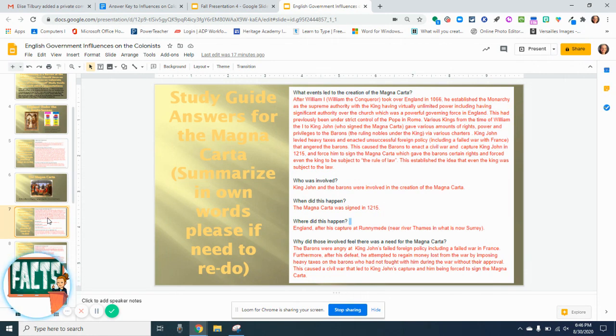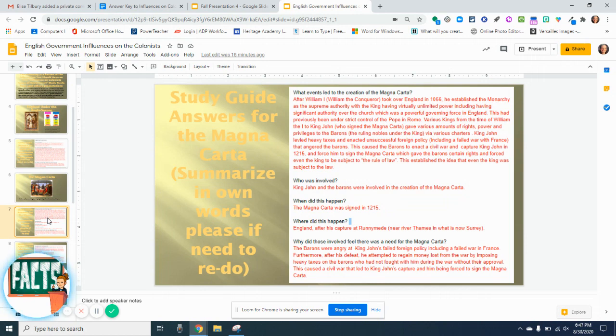It would be questioned, and on and off these powers, these rights would be given. You're going to see from this time forward a long struggle between the rights of the king and the rights of Parliament, but this is kind of the first major step.